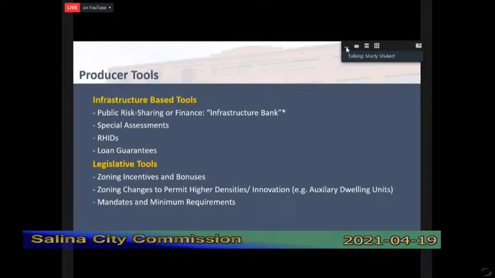And then finally, there are legislative tools. These are not necessarily positive things, but they are various kinds of requirements. So there are zoning incentives that make it easier to do certain kinds of projects, like higher density projects or innovative development. For example, a lot of cities are beginning to make auxiliary dwelling units, second units that can be developed on a lot, legal uses in single family districts.